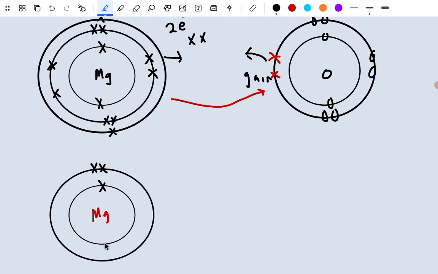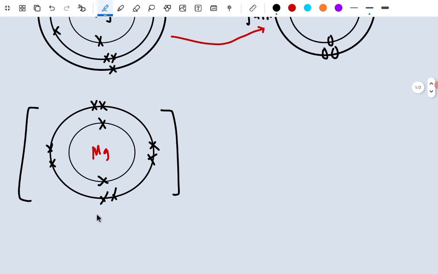The 2 electrons and the 8 electrons will still remain intact. So this is now called the ion. Once it has lost the electrons, it is written as magnesium plus 2. It has lost 2 electrons, so it gains a positive charge.